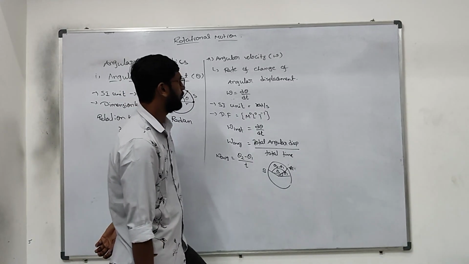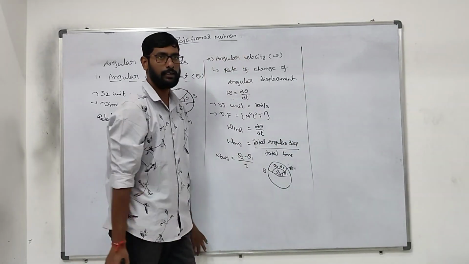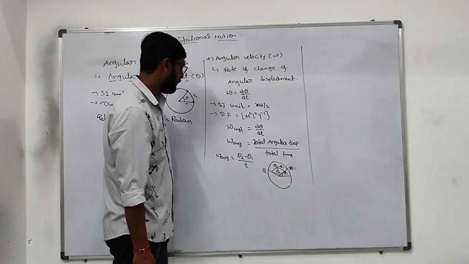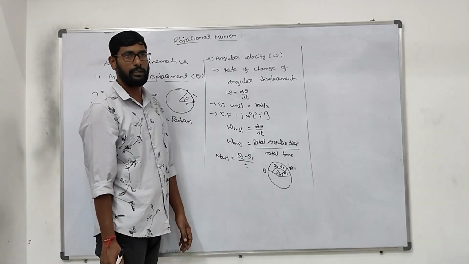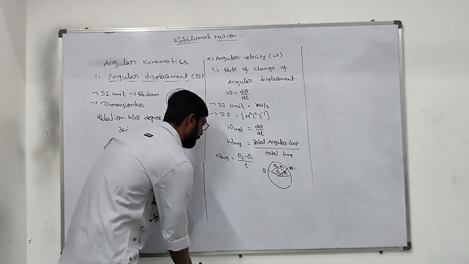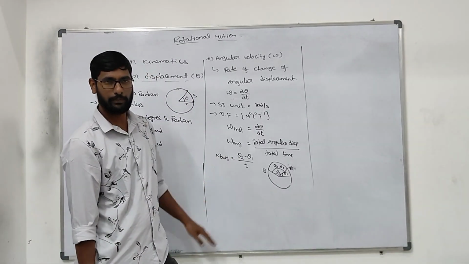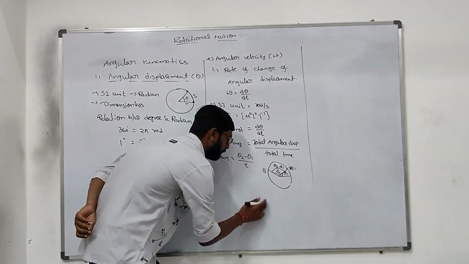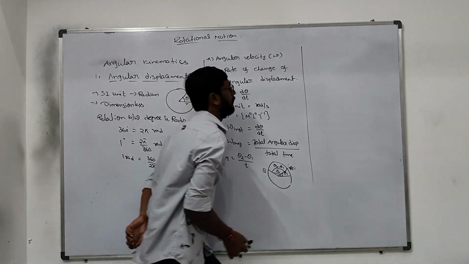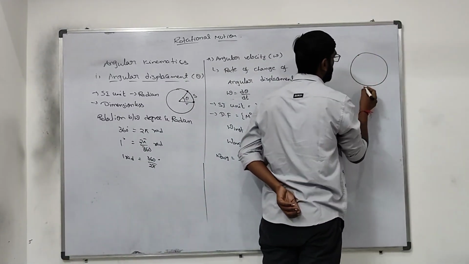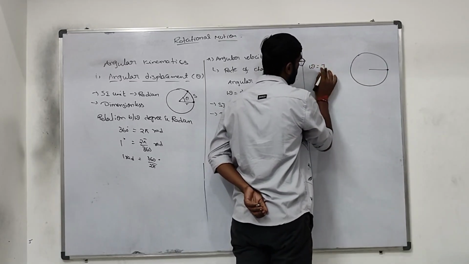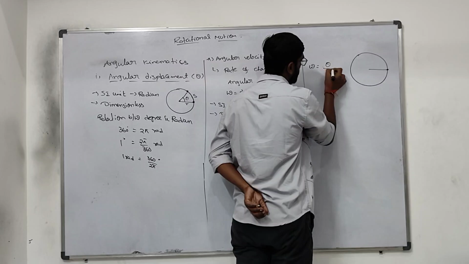So this is about angular velocity. Then we will discuss angular acceleration. We have one more formula for angular velocity. Angular velocity is the total angular displacement by time period. I'll draw here. Omega equals angular displacement by time period.